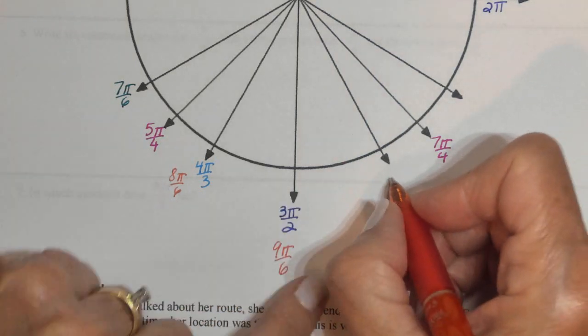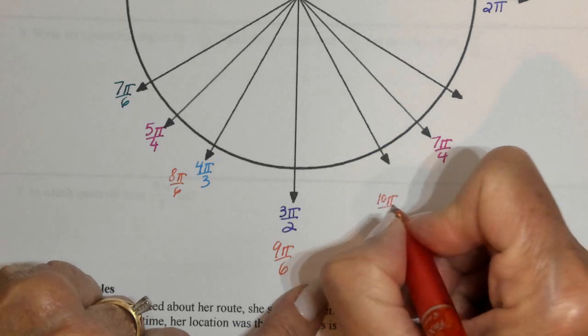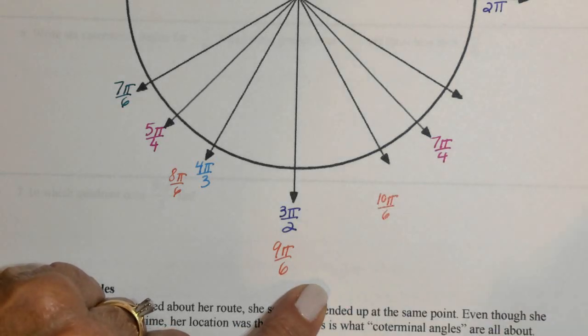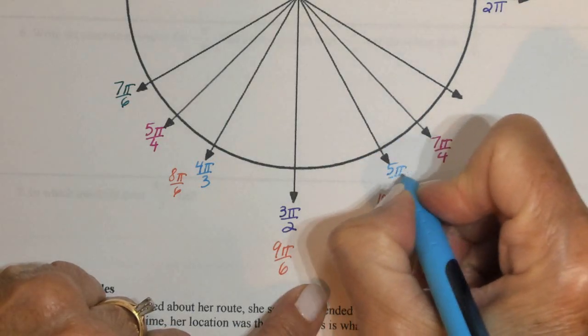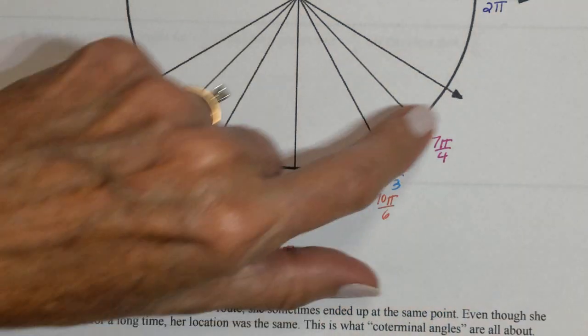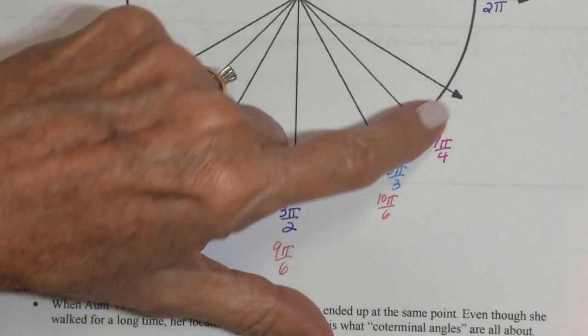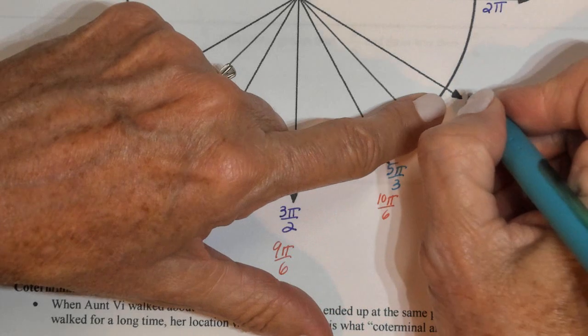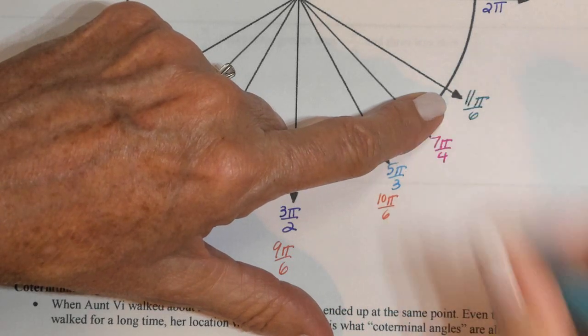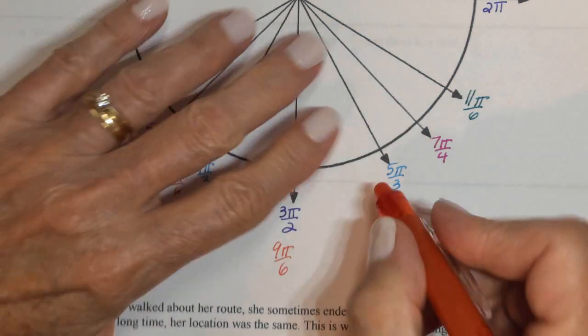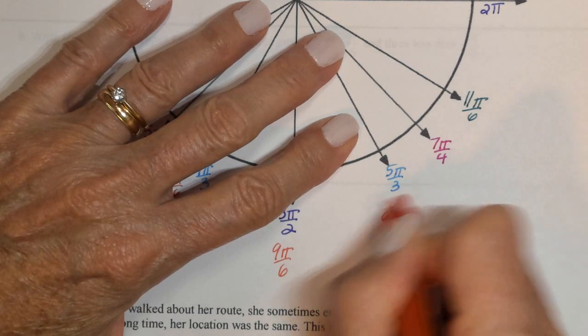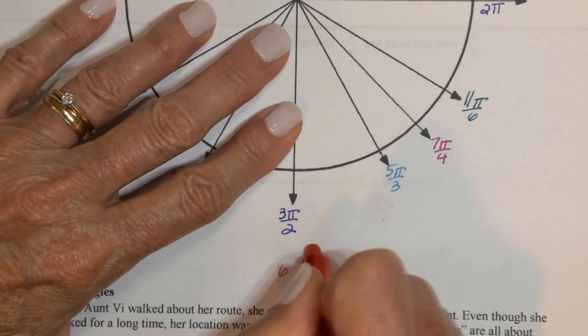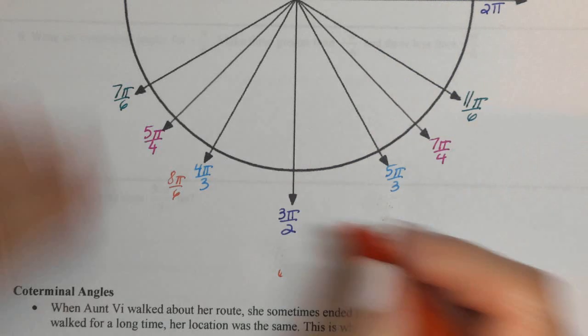The next pi over 6 would be 10 pi over 6, but that also reduces to 5 pi over 3. And our last one will be 11 pi over 6. Okay, I'm going to erase these guys again, because I want to do something else with this.